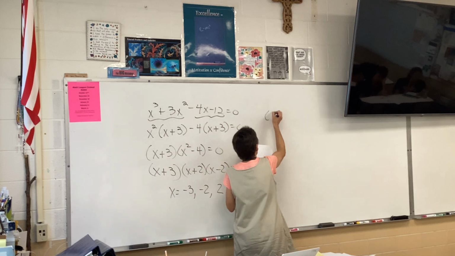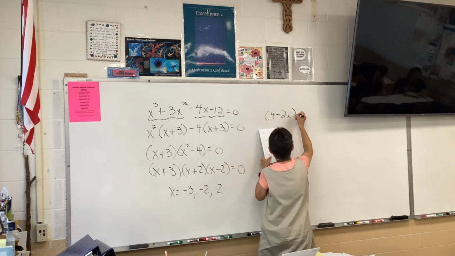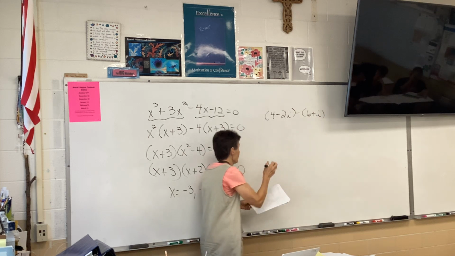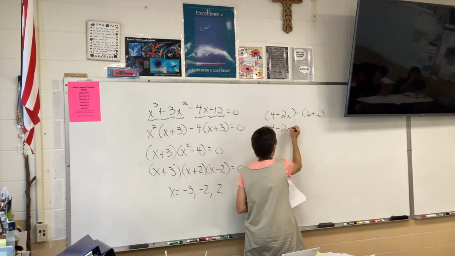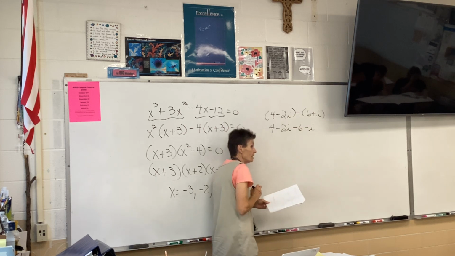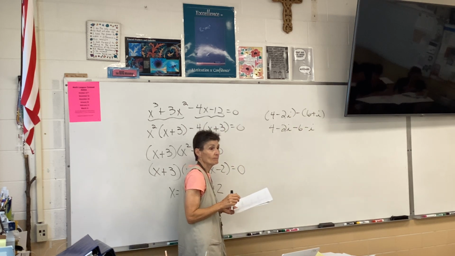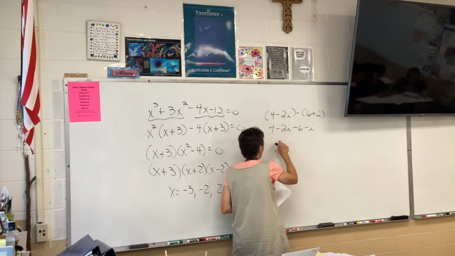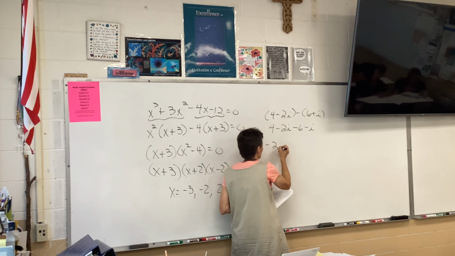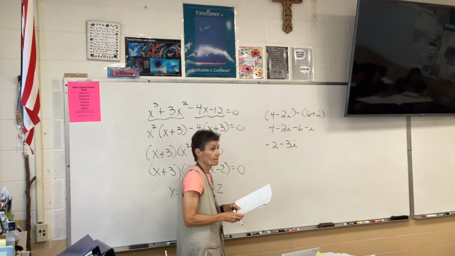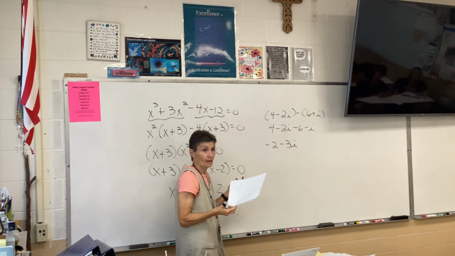All right, how about this guy? What do we do with this? Distribute the negative. Okay, and then combine like terms. So we have negative 2 minus 3i. Done.